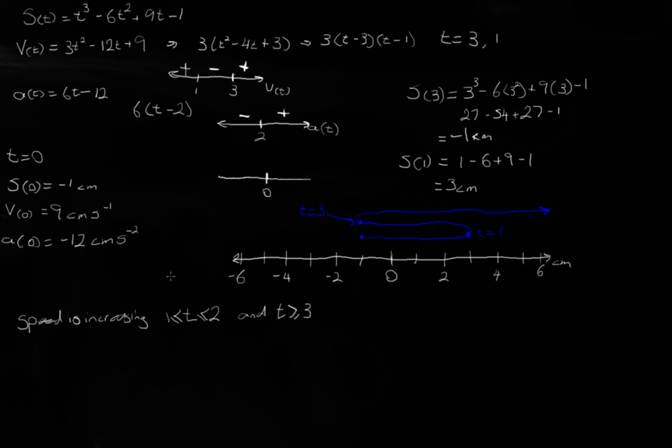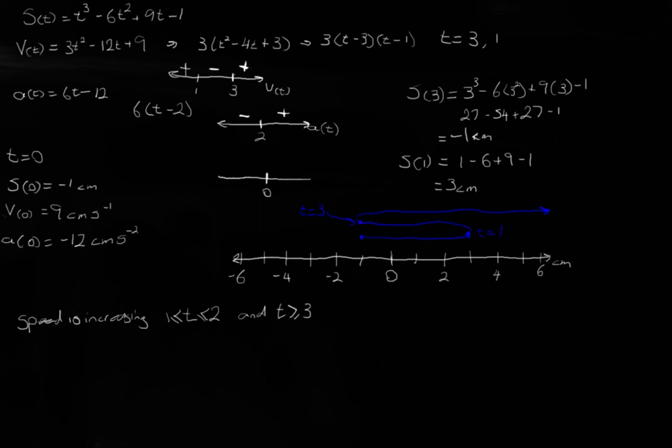And the final thing I want to do is find the total distance travelled in the first 3 seconds. So how far has it actually travelled in the first 3 seconds? Well, if we have a look here, it's gone 4 centimetres that way and back 4 centimetres.